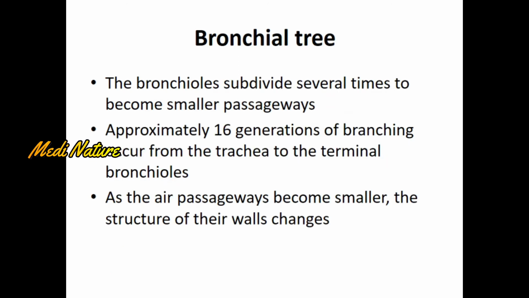So these bronchioles subdivide several times to become smaller passageways. Approximately 16 generations of branching occur from the trachea to the terminal bronchioles. As the passageways become smaller, the structure of their walls changes according to their function.